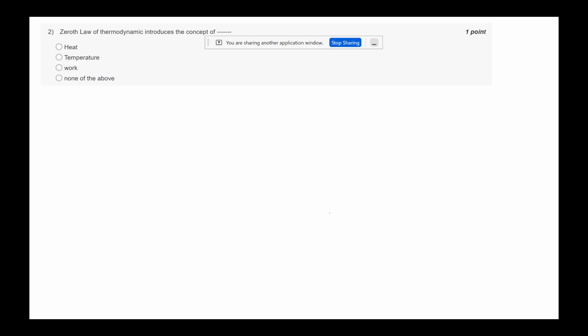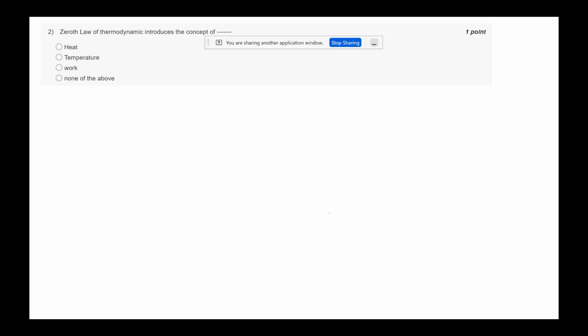Now comes one thing. Here it says the zeroth law of thermodynamics introduces the concept of a blank. This blank is heat or temperature or work or none of the above? So you probably know the answer, right?